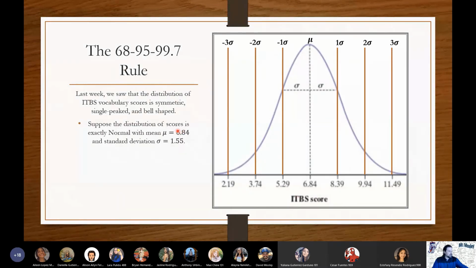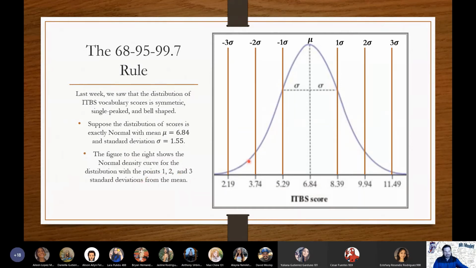Suppose the distribution of scores is exactly normal with mean mu equals 6.84. See that here in the middle. And standard deviation sigma equals 1.55. The figure to the right shows the normal density curve for the distribution with the points 1, 2, and 3 standard deviations from the mean.